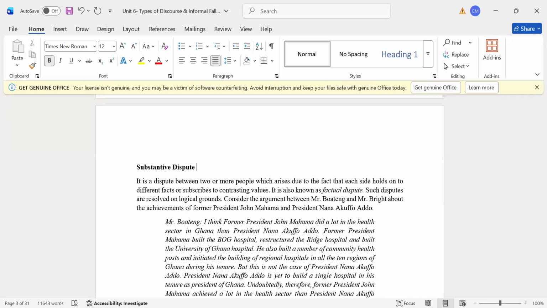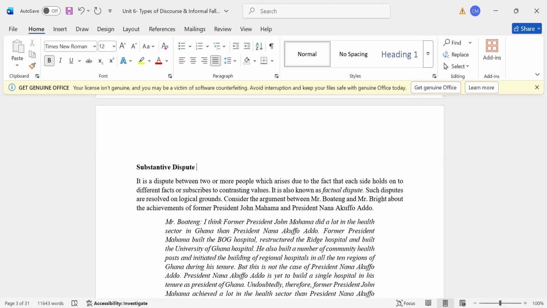Yes, sir. So always, if it is about facts, A is providing different facts for a particular contention. B is providing different facts for a particular contention. Which one do you take?